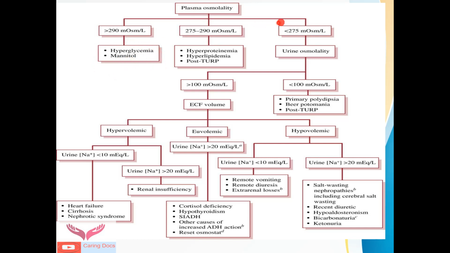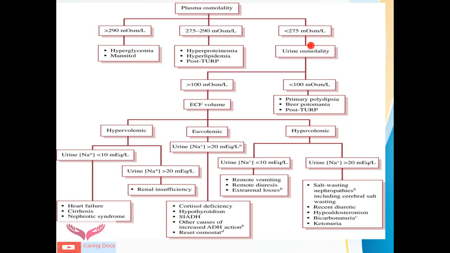And if the plasma osmolality is normal, that is 275 to 290 milliosmol, then again it is a pseudo hyponatremia, maybe because of hyperproteinemia, hyperlipidemia, or it is a post TURP case. And if it is less than 275 milliosmol, then it is hypoosmolar hyponatremia. It is a true hyponatremia.